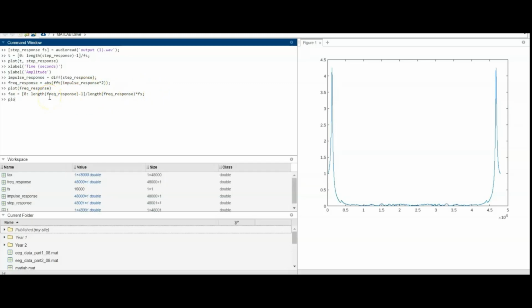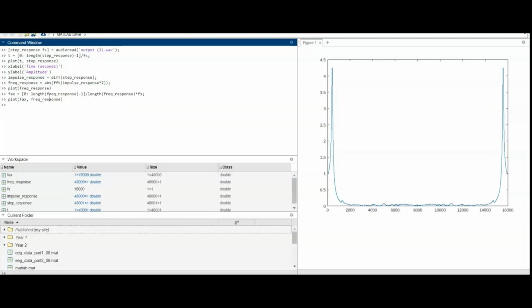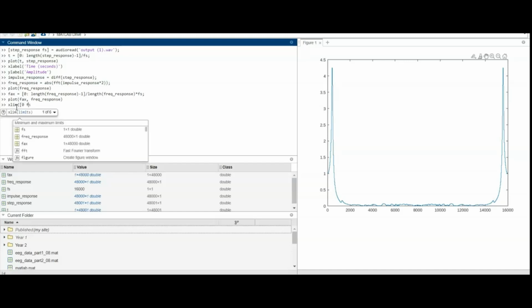So now we're just going to plot our signal again, but against our frequency axis. So frequency axis against frequency response. Yep, now it goes from 0 to 1600. Since it's mirrored halfway, we're going to limit the x-axis with xlim from 0 to the sampling frequency divided by 2.